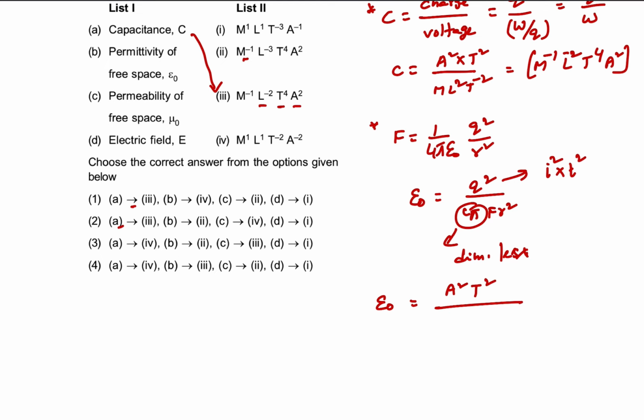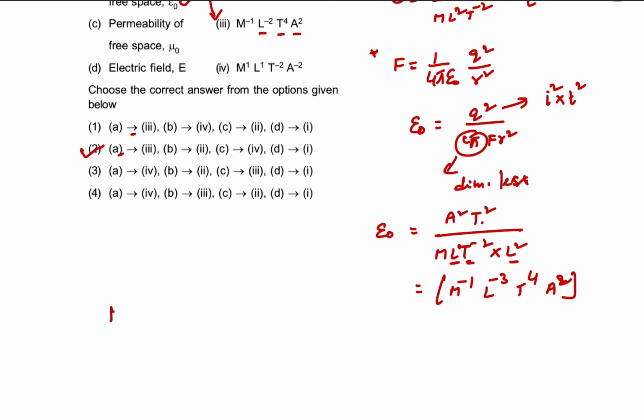Dimension of this epsilon naught can be written as A²T² divided by MLT⁻²L². Now you can write M⁻¹. Here L is there and L² is there, so you can write L⁻³. T² is there, here down T⁻² is there, so T to the power of 4 and A². This is M⁻¹L⁻³T⁴A². So you can see the second option is matching with the second one only. So the second option is the correct option.